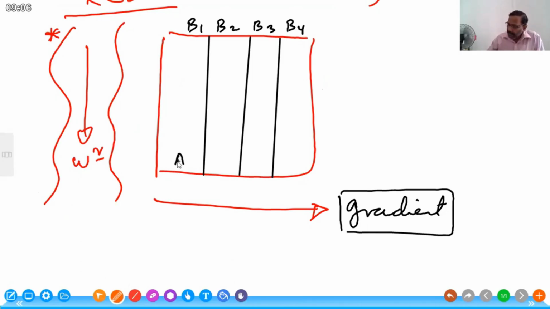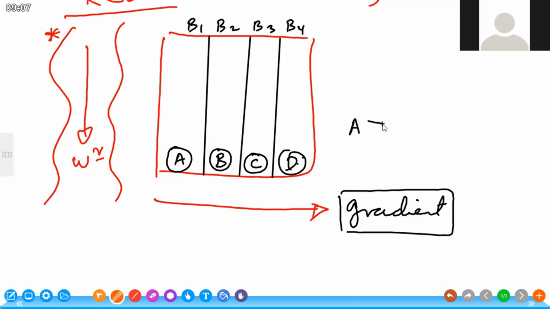Let's say I am taking soil from these four places, A, B, C, D. Can you order them according to the moisture gradient, higher to lower or lower to higher? High moisture content in A, then B, then C, then D.